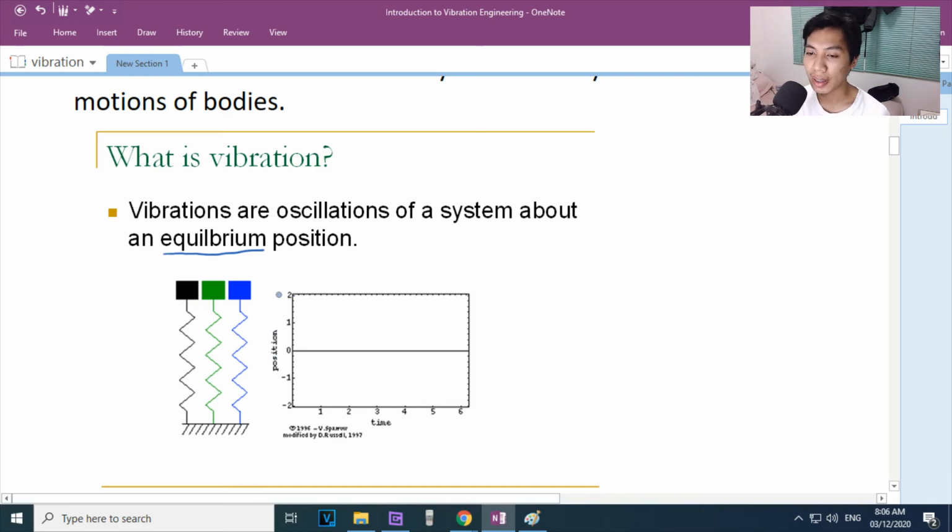Here we have an X and Y graph where we can plot our position within the time interval. Since time is an independent variable, we can determine the position of a moving or oscillating body from its starting position.